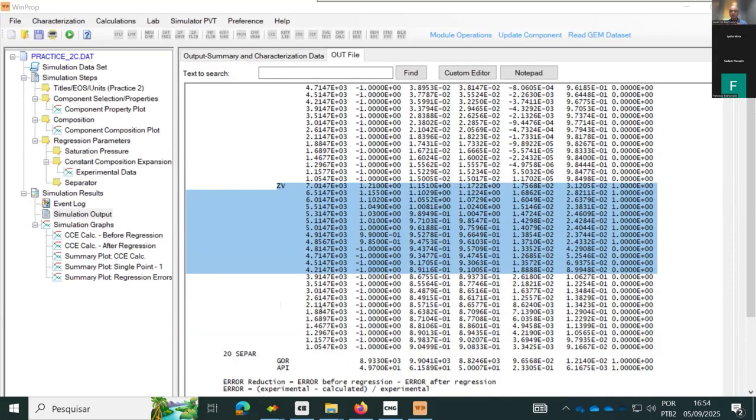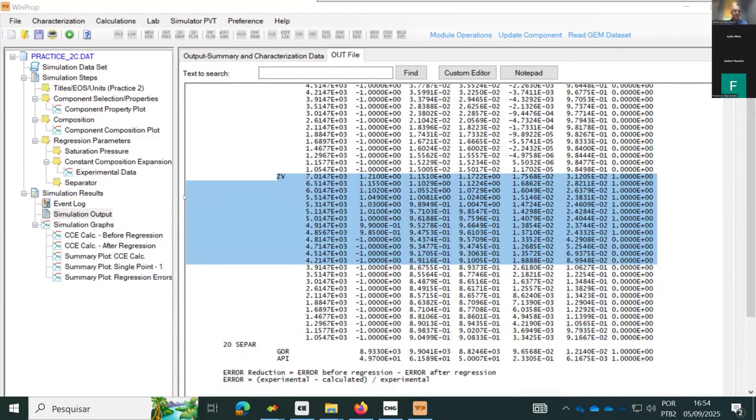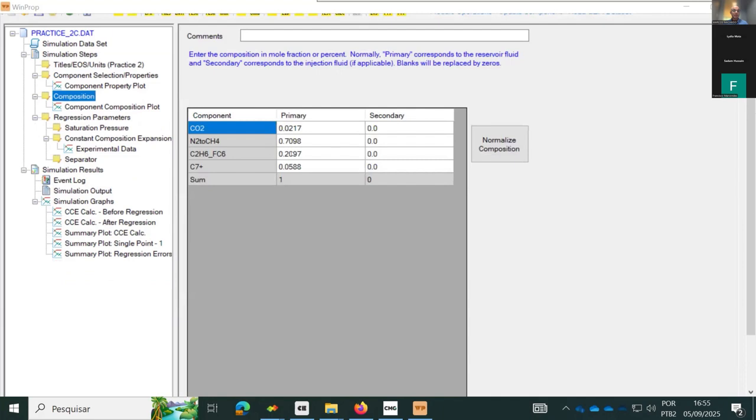So we need to be more strict with the higher pressure, okay? Or the operational pressure for the reservoir. So we can tolerate this error because this is very low. So I can conclude that this lumping strategy worked. So I can use this for numerical simulation. So this is my conclusion.